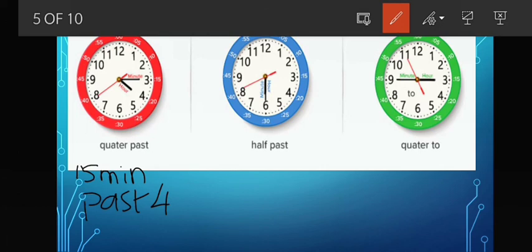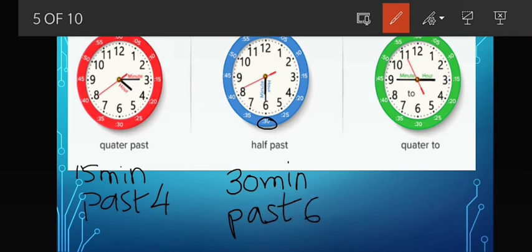So what will you say, the hour hand is at 6 and the minute hand is also at 6. So as you can see, it is 30 minutes. So you will say half past, or 30 minutes past 6. And quarter to means 15 minutes remaining.